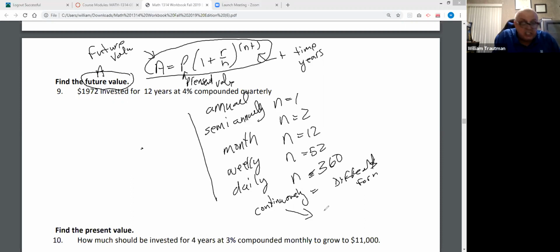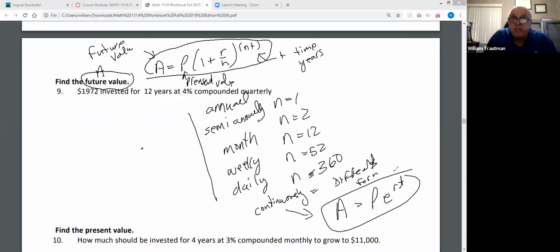But if it says continuously, you have to use that other formula, A equals P-E-R-T. And we're going to look at that. This is the continuous compounded future value formula, okay? So now that we know all of this, we can do the rest of these problems. All right, let me erase this and let's start the problems.